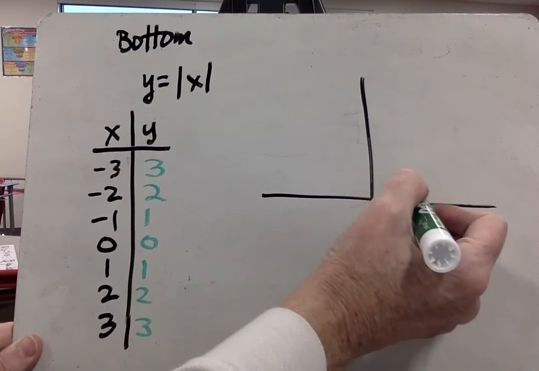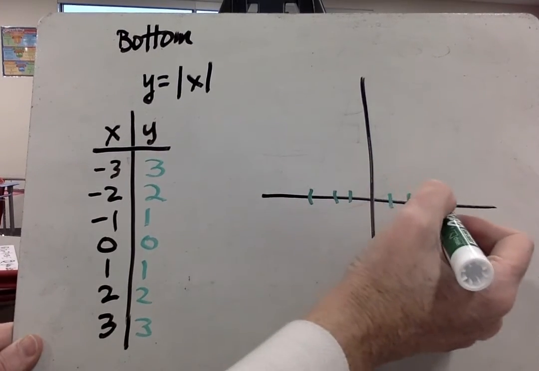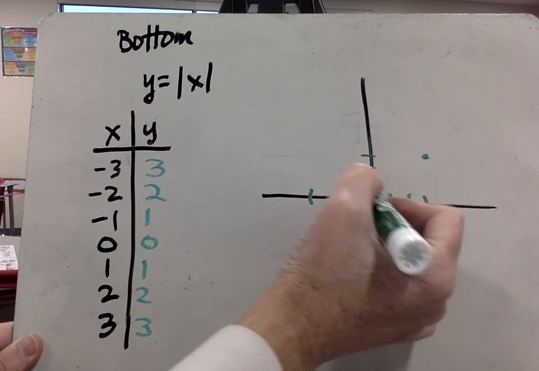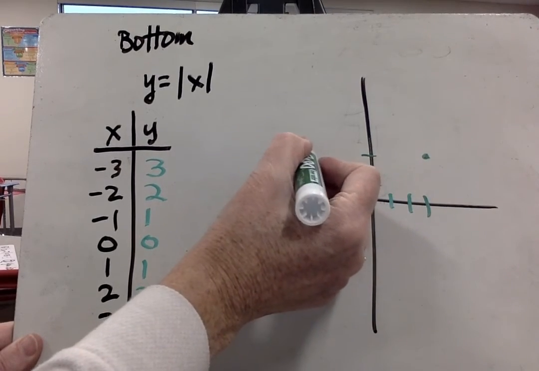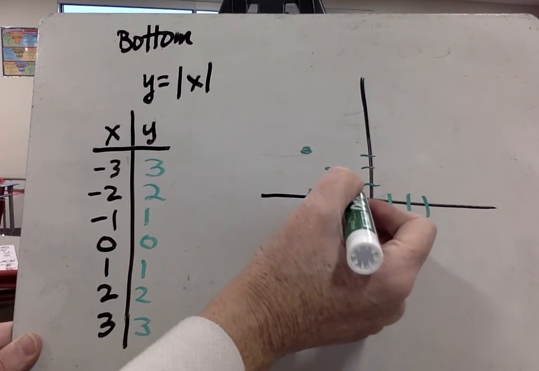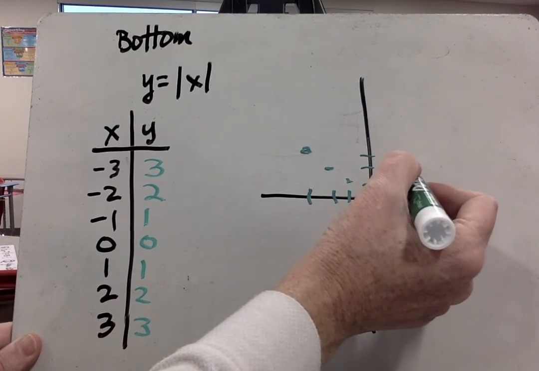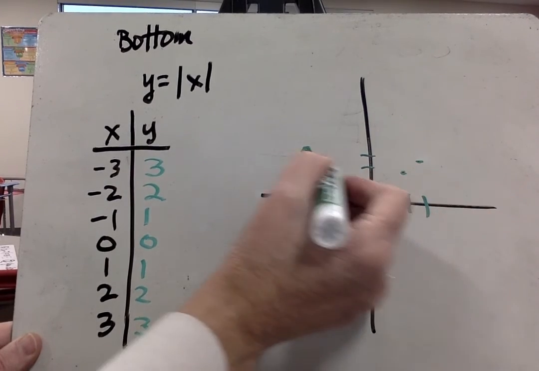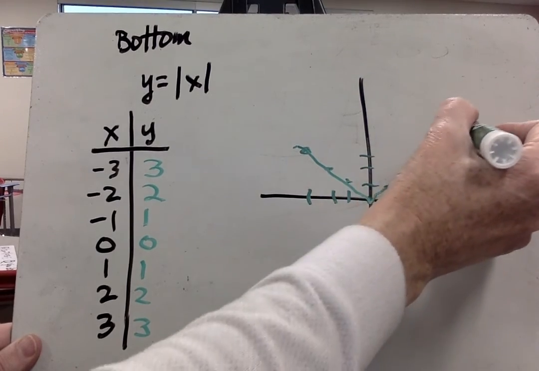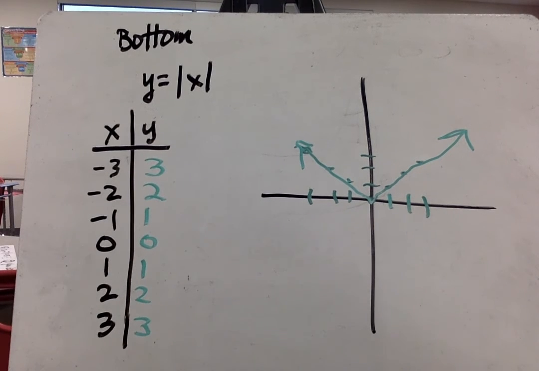So when I plot this on the graph, negative 3, 3 is over here, sorry about that. Negative 2, 2, negative 1, 1, 0, 0, 1, 1, 2, 2, 3, 3. So absolute value graphs will make some sort of V. So that's what that graph looks like.